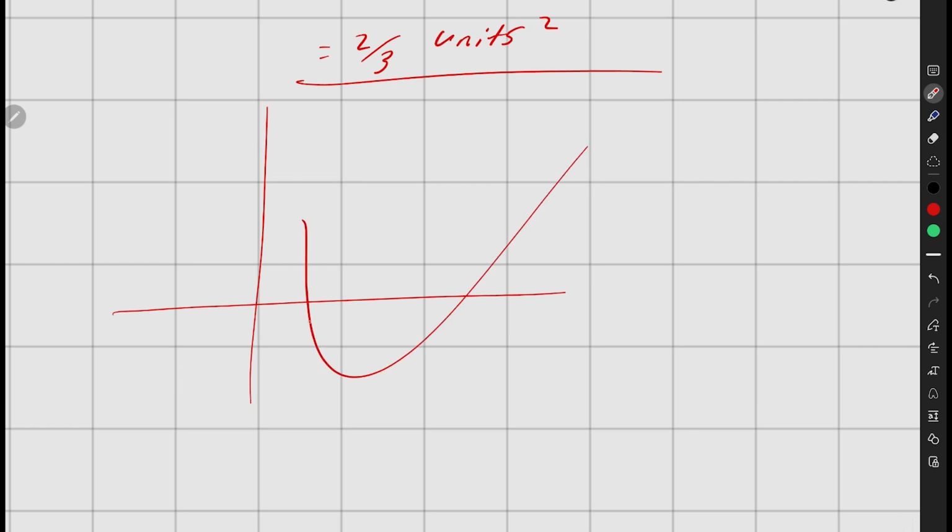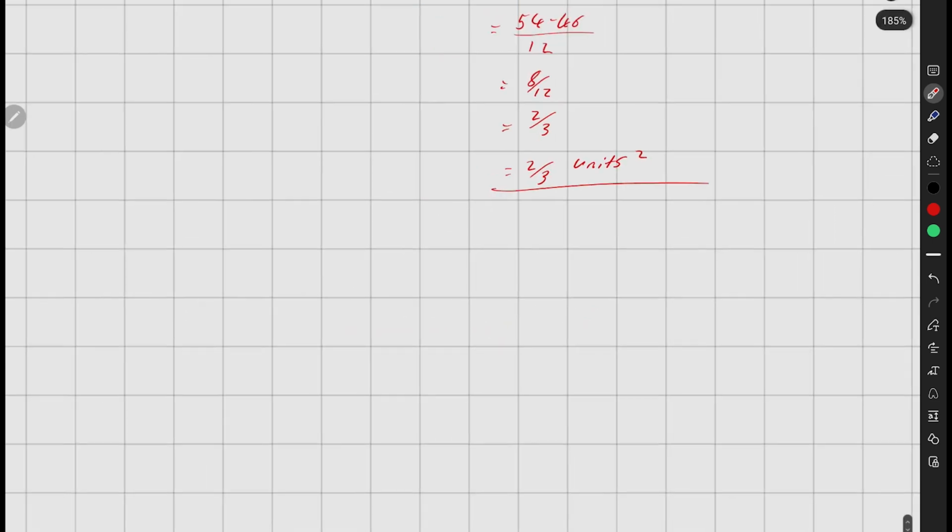If you were finding like this area here, it would technically give you a negative because it's beneath the x-axis, but because you're finding an area, you can't have a negative area. So you're always going to take the absolute value, make it positive even if it is negative.